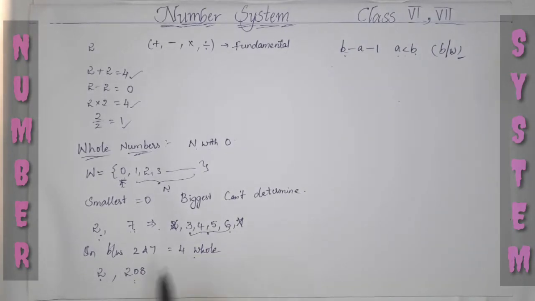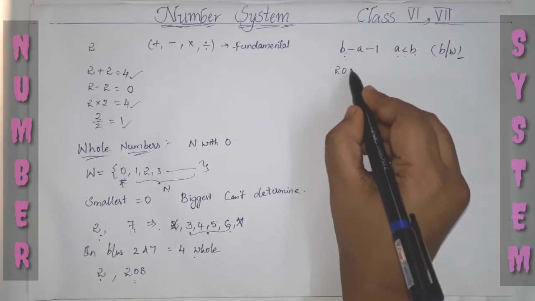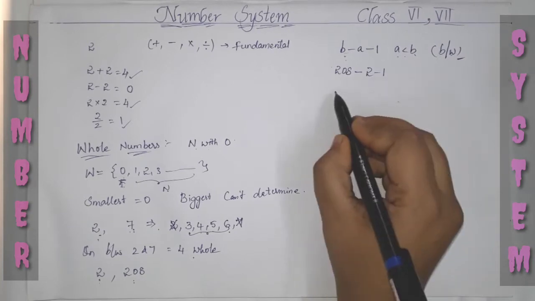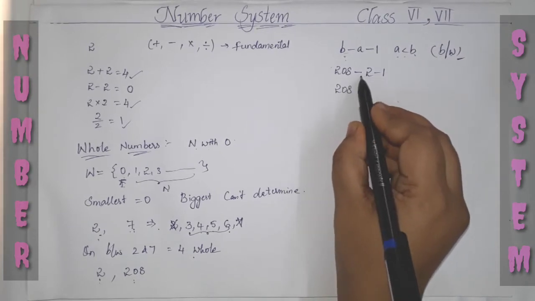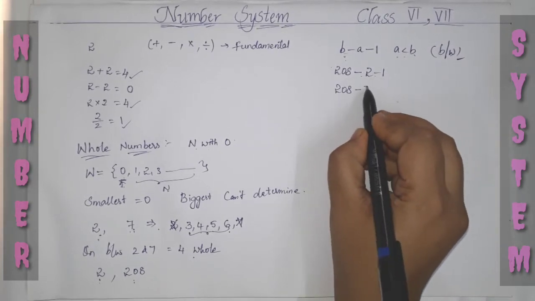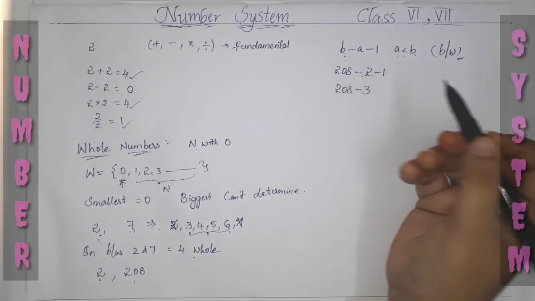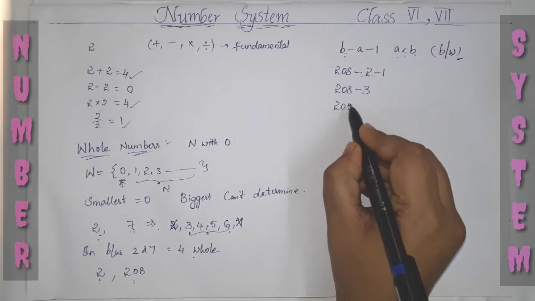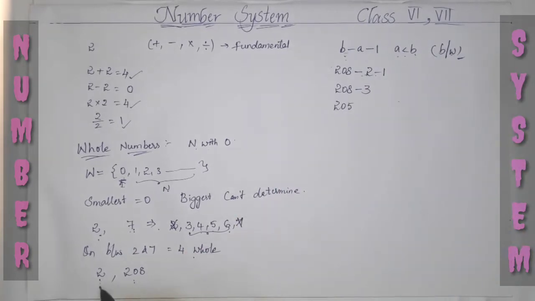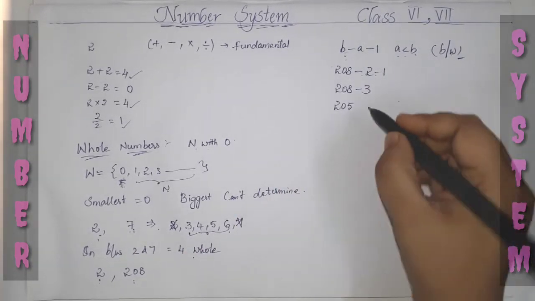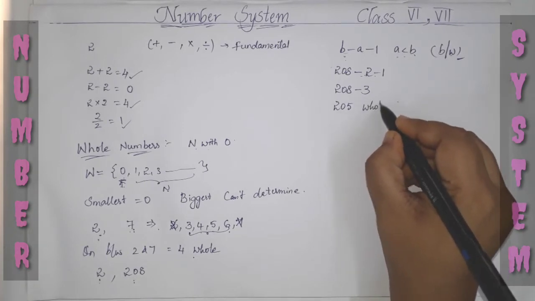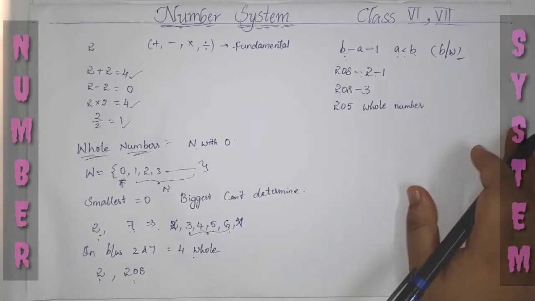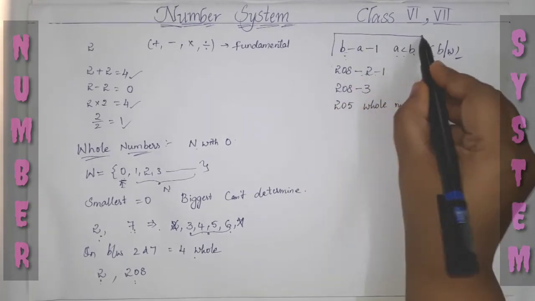What is the biggest one? 208. So B is 208 minus the smallest one, 2, minus 1. So 208 minus 2 minus 1, how much? Minus 3, otherwise 208 minus 2 is 206, and minus 1 is 205. That means in between 2 and 208, we have 205 whole numbers. If they give any big values, you just have to remember this formula.